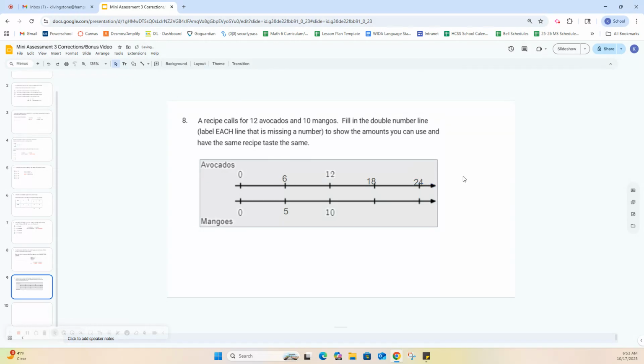And now on the bottom, we're going to count by 5s. I'll just neaten that up a little bit. Okay. 5, 10, 15, and last but not least would be 20.